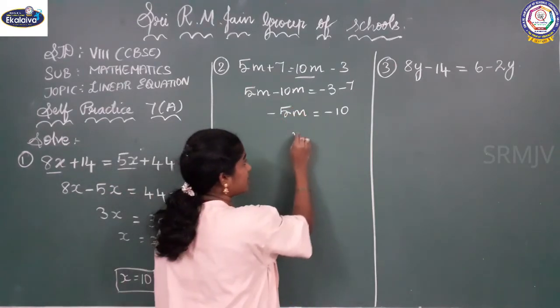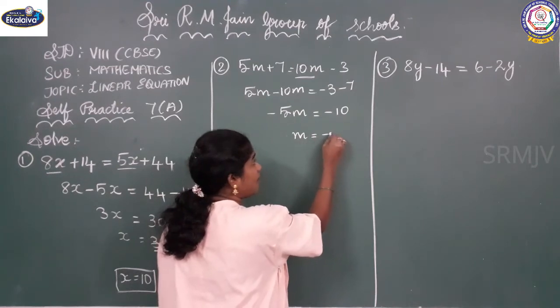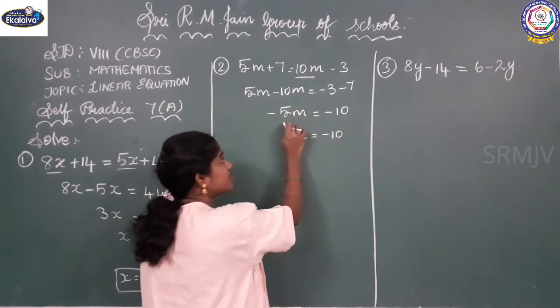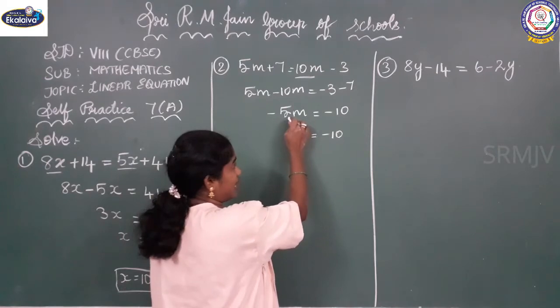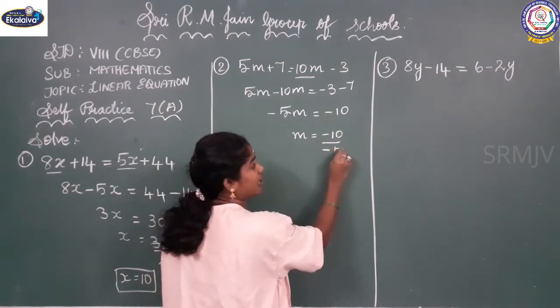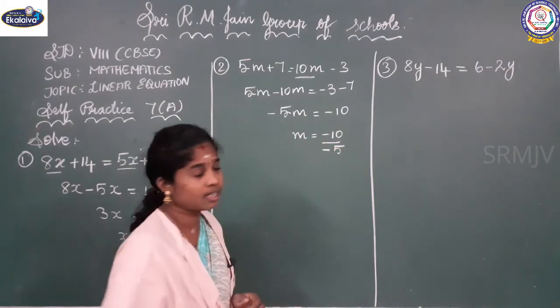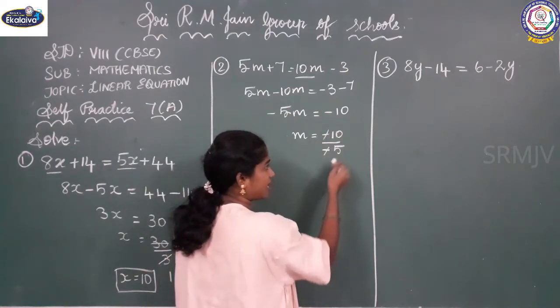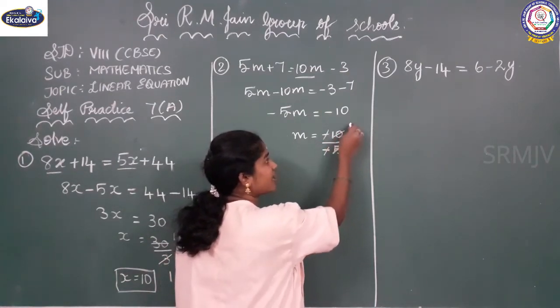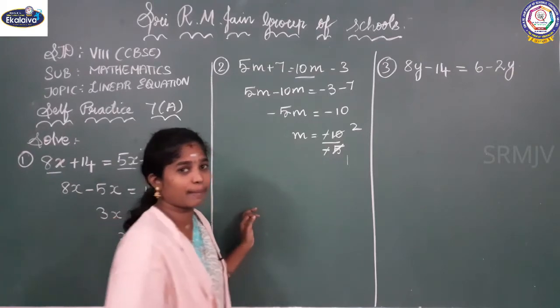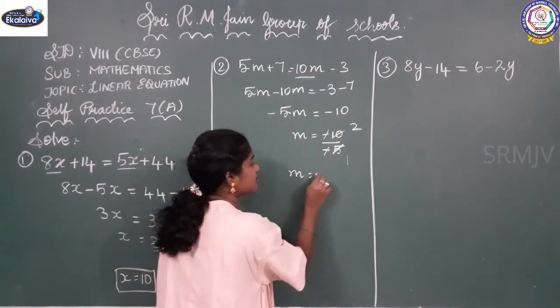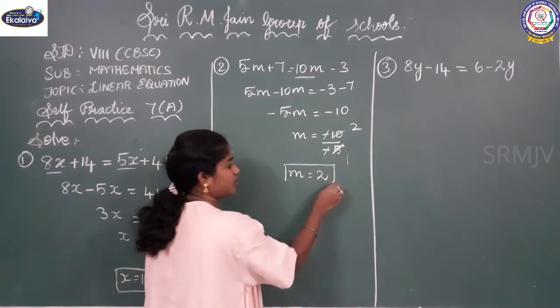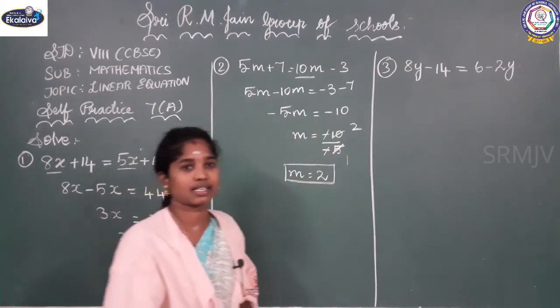So I am going to write m is equal to minus 10, this into minus 5 becomes division minus 5. Now I can cancel minus and minus. 5 ones are 5, 5 twos are 10. What is the value of m now? Value of m is 2. Do you understand? Yes.